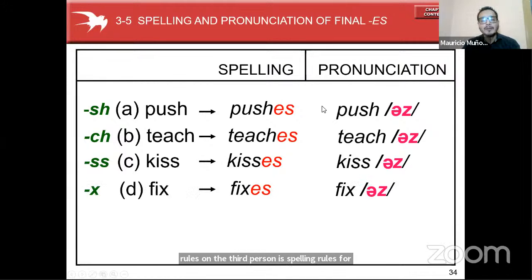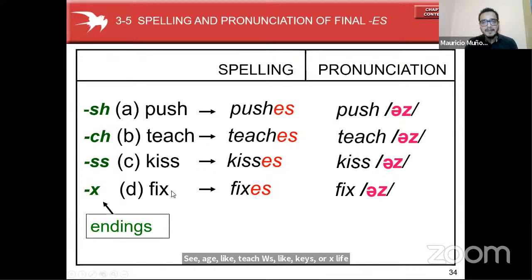For example, the first rule is focused on verbs that end in the letters sh, like push; ch, like teach; ss, like kiss; or x, like fix. You see? When we work with the third person, it's pretty important that we add the suffix es.